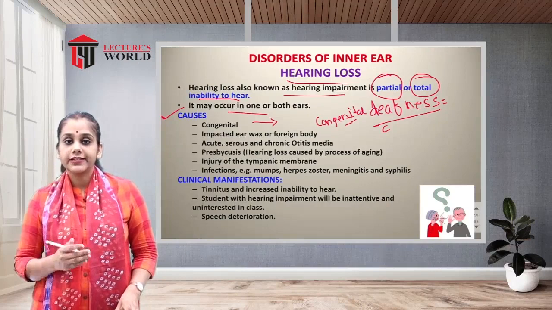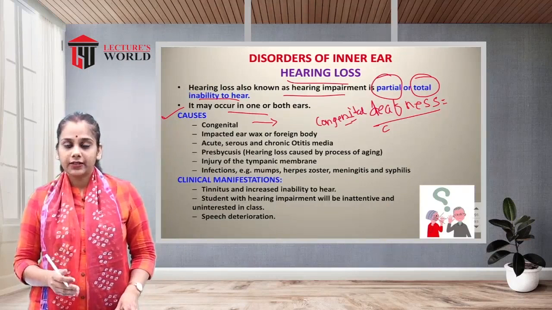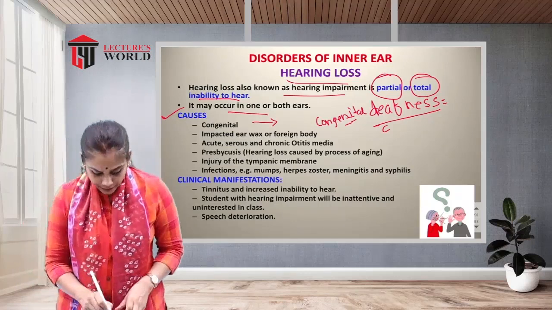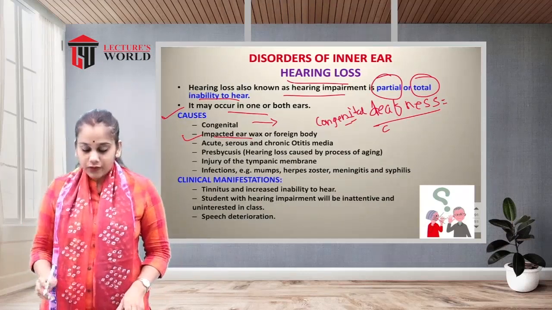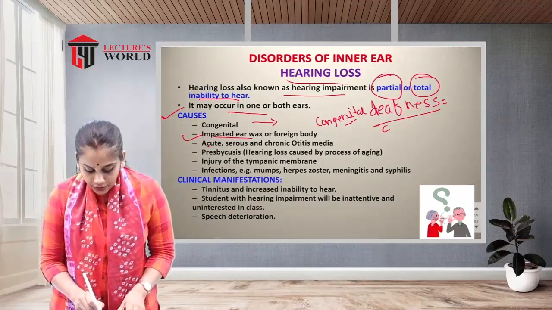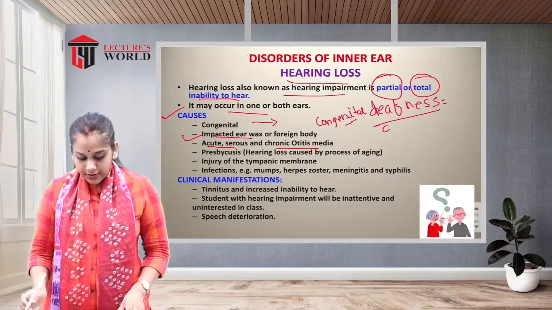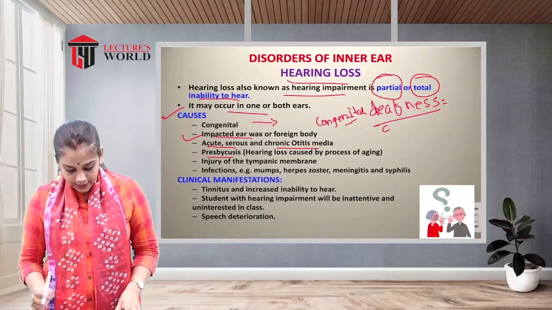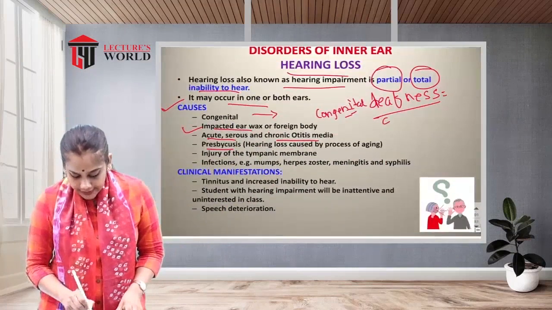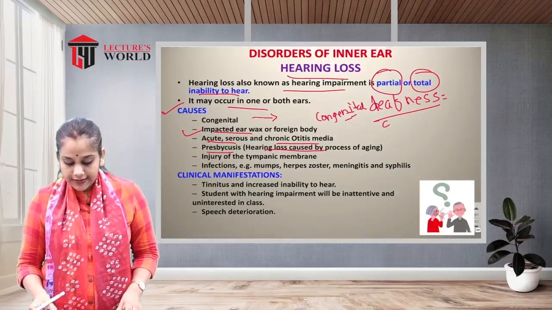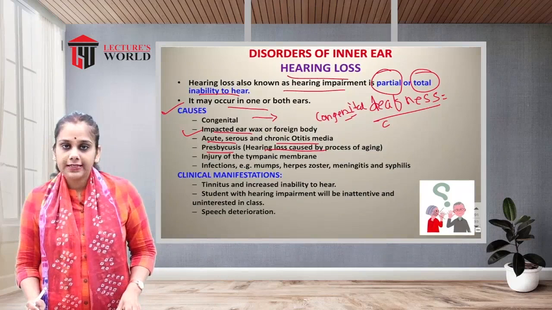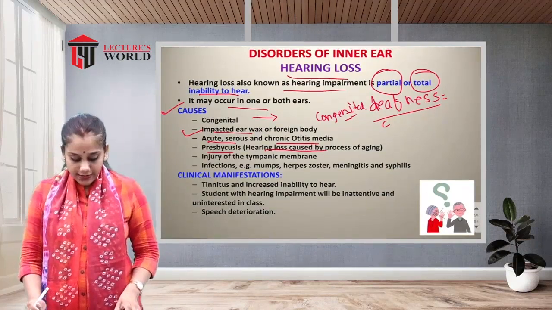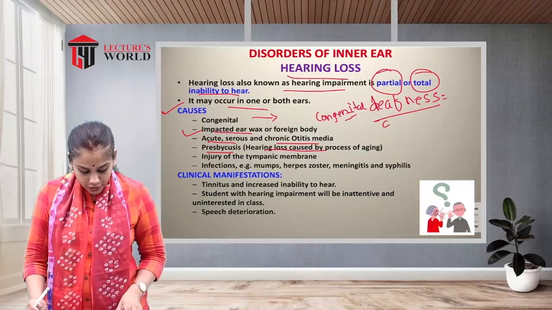Then impacted earwax or foreign body, then acute serous and chronic otitis media, then presbycusis, that is hearing loss caused by aging. Because of aging and degenerative processes, hearing loss occurs, known as presbycusis.